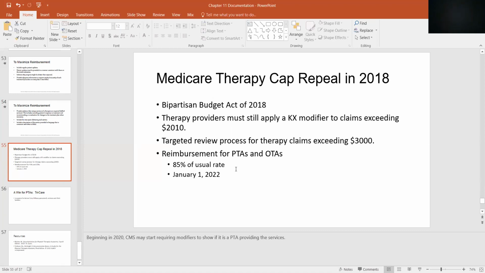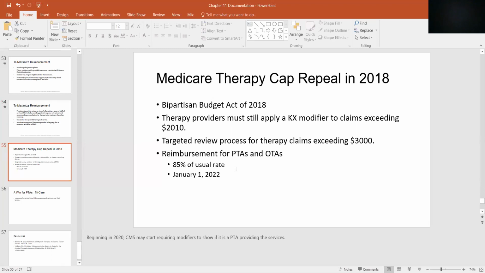The bad thing about repealing the therapy cap is they decided to change how you would be reimbursed if a physical therapist assistant or an occupational therapist assistant provided the care. Instead of getting paid at 100% of what Medicare pays you, which is not that great to begin with, when you show that a PTA or an OTA provided the treatment, they're going to reimburse at 85% of the usual rate.